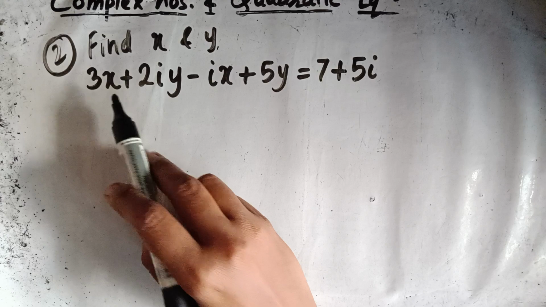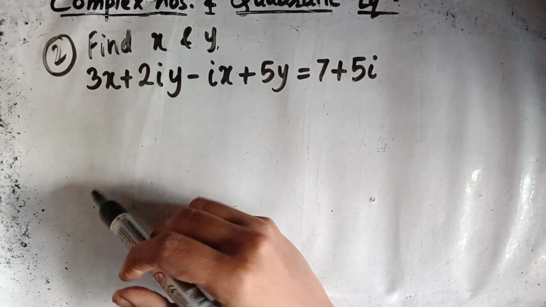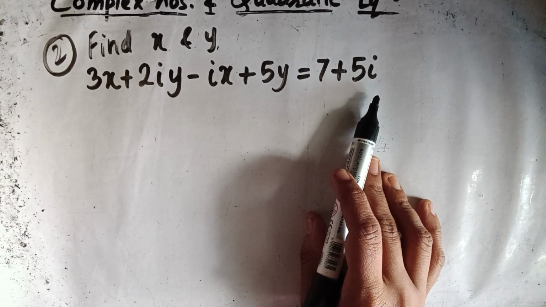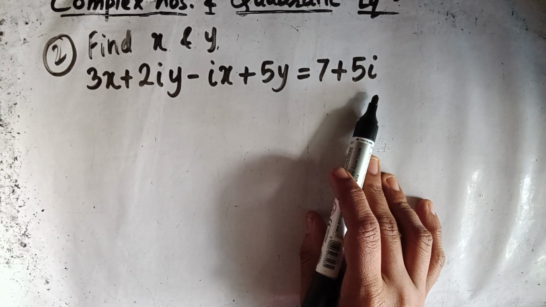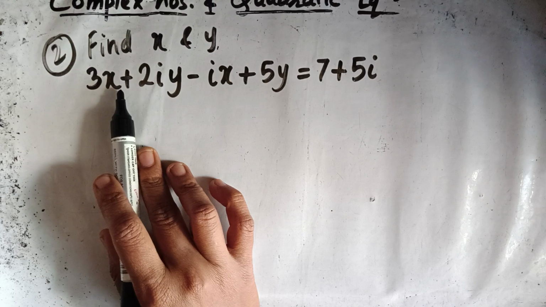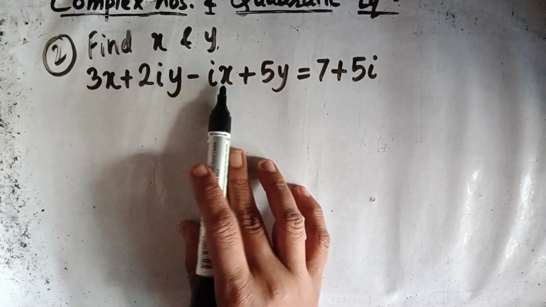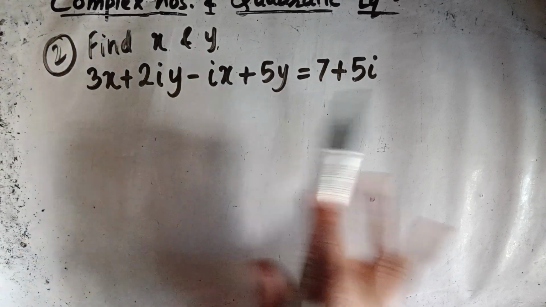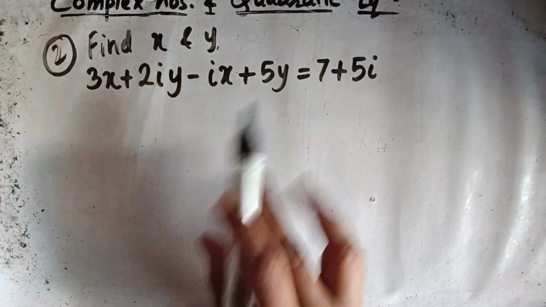Let's solve this. Here you have to find x and y if this is given. Now again you have to compare. First you write this in the form x plus iy, taking x terms together and y terms together. You have to take imaginary parts together and real parts together.